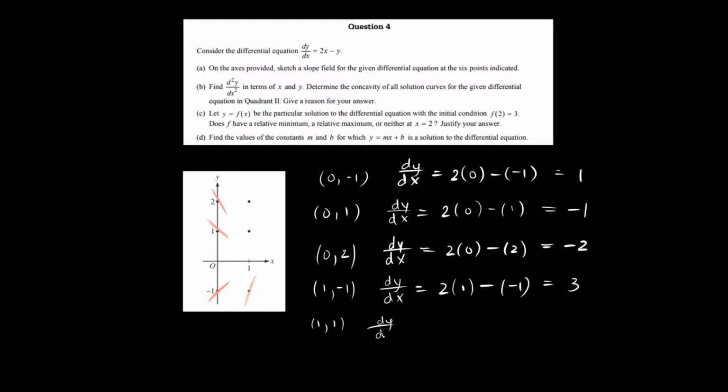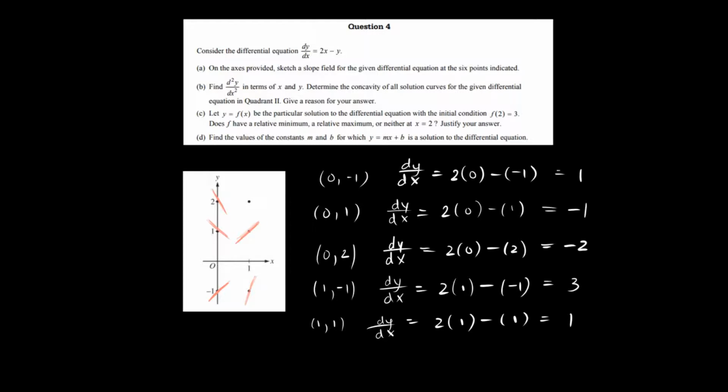dy dx would equal 2 times 1 subtracted by a positive 1, which means that the slope here is just 1. So this would be the same slope as this point right here. Something like that.